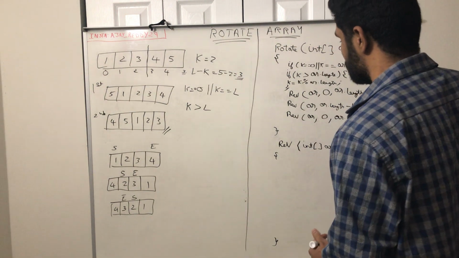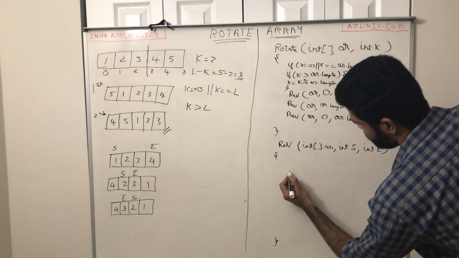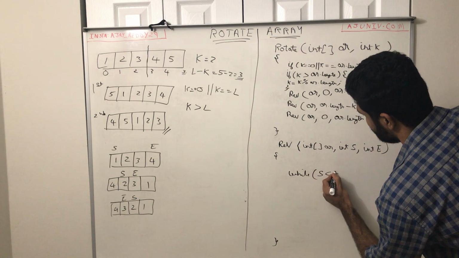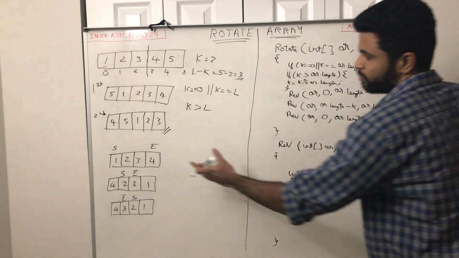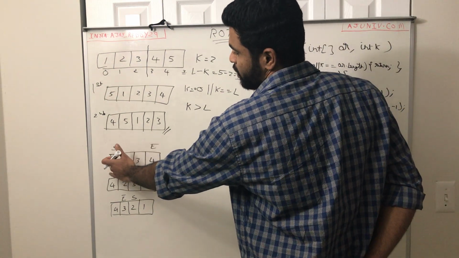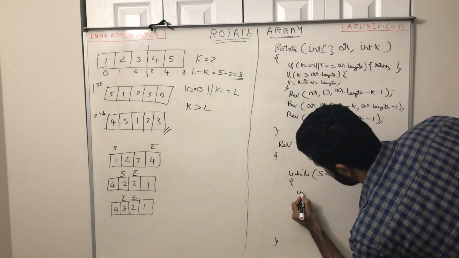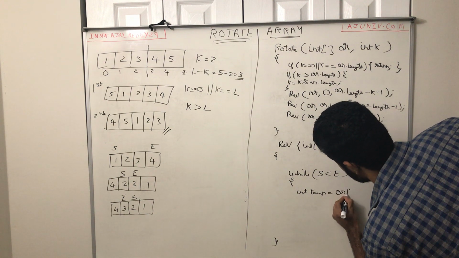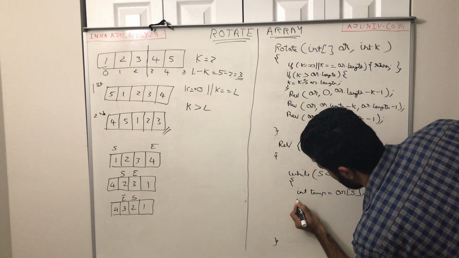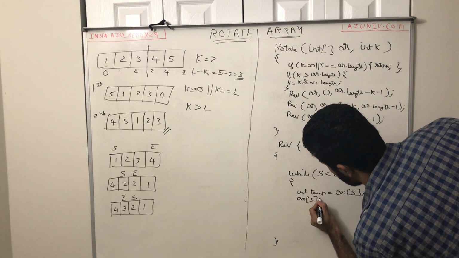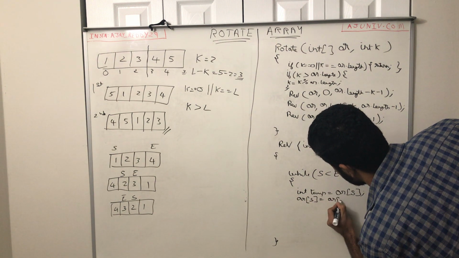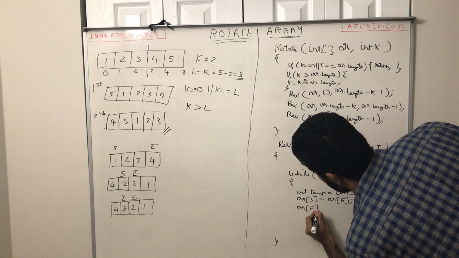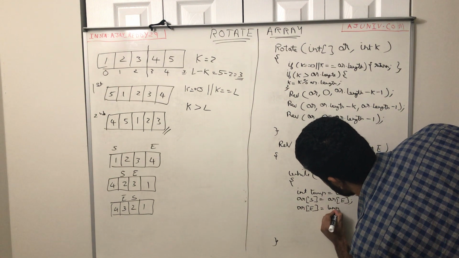So let me implement here. While s is less than end, you have to swap the start index element and end index element. For that I'm using int temp, and I will have AR of s in that, and AR of s would be AR of n, and AR of n would be temp.